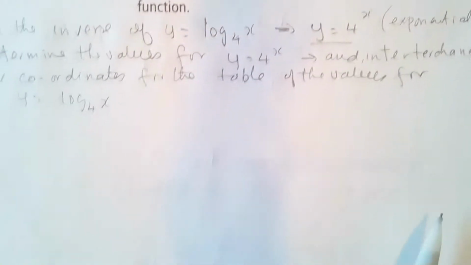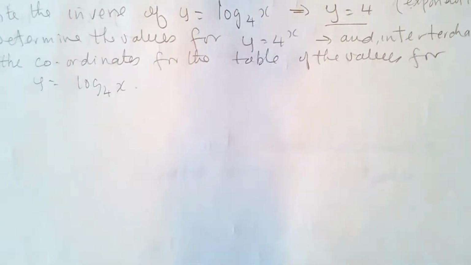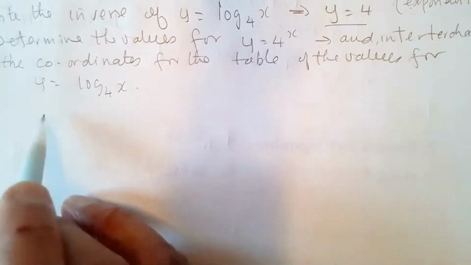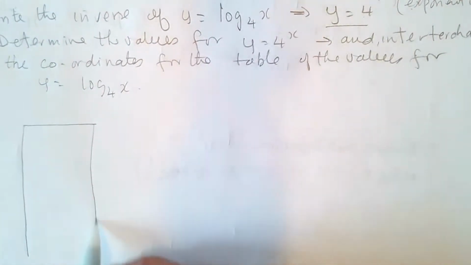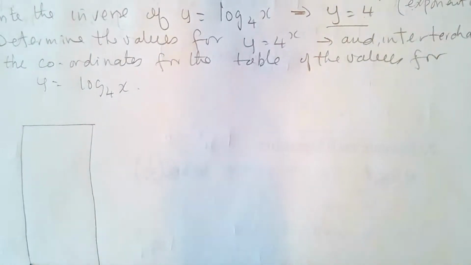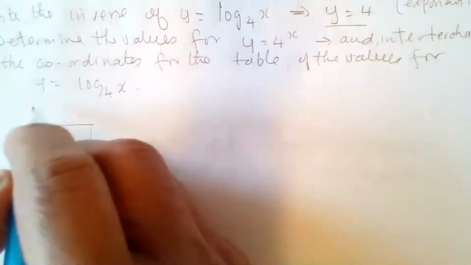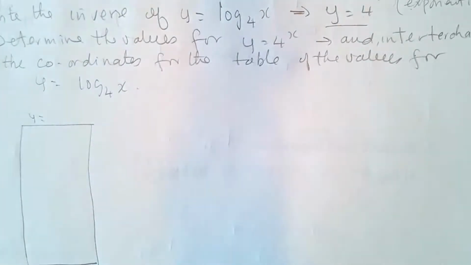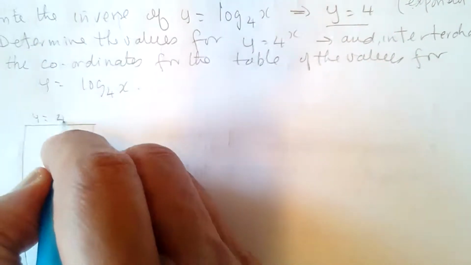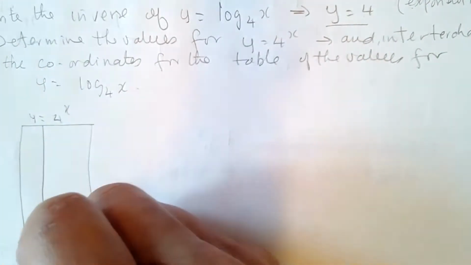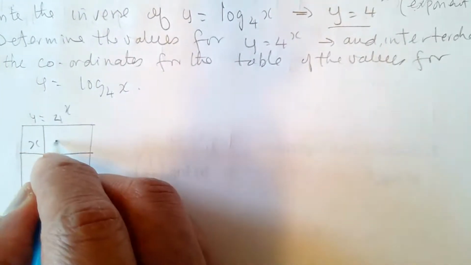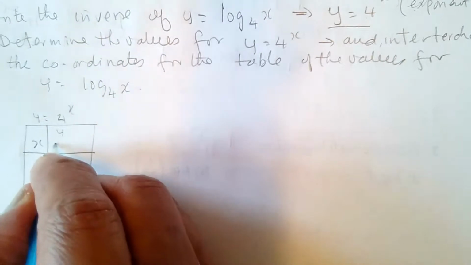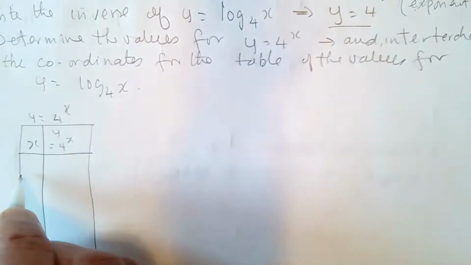So let's go ahead and create a table of values. This is y is equal to 4 to the power x, so exponential. So x, and this gives me y, which is equal to 4 to the power x.